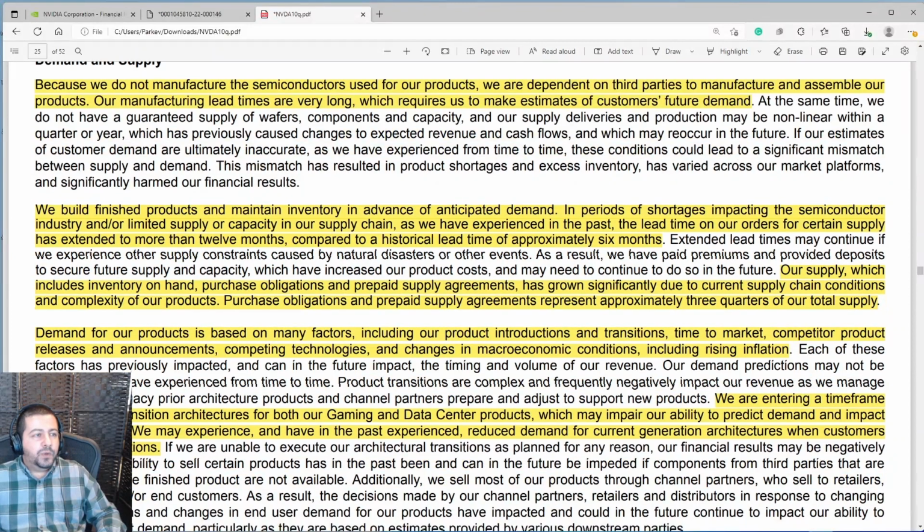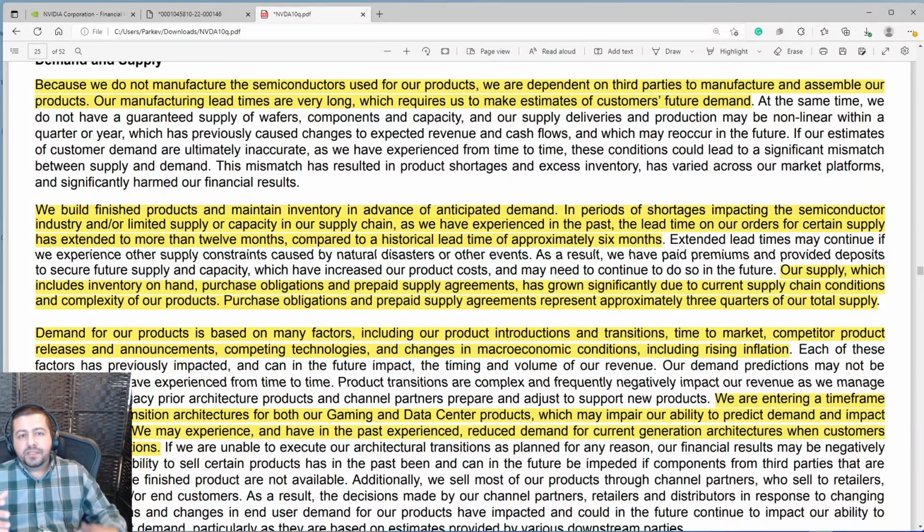They go on to say, we build finished products and maintain inventory in advance of anticipated demand. In periods of shortages impacting the semiconductor industry, limited supplier capacity, as we have experienced in the past, the lead time on our orders for certain supply has extended to more than 12 months compared to historical lead time of approximately 12 months.